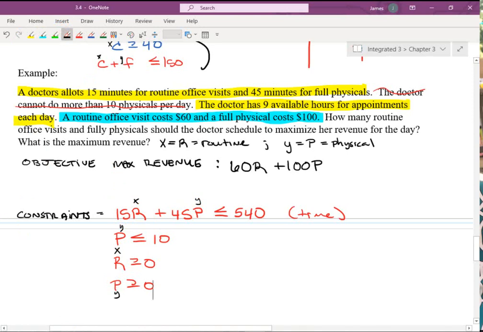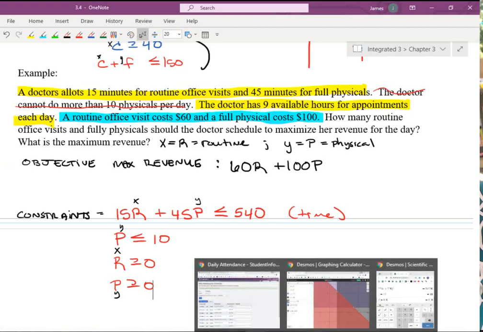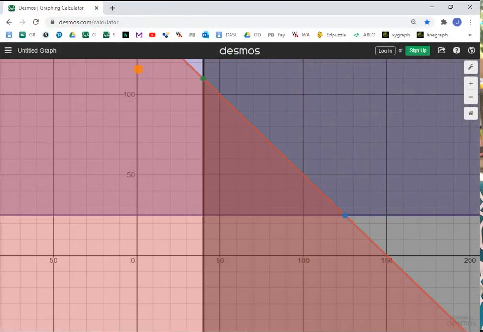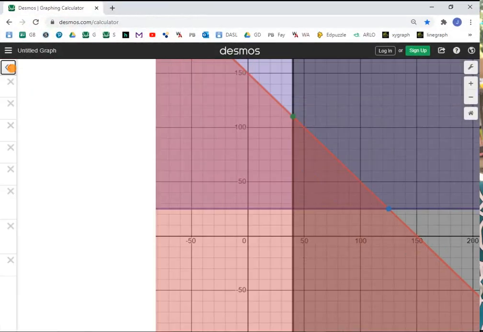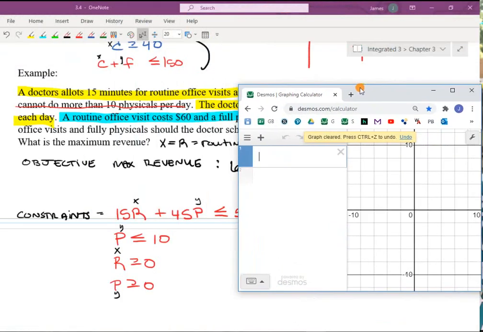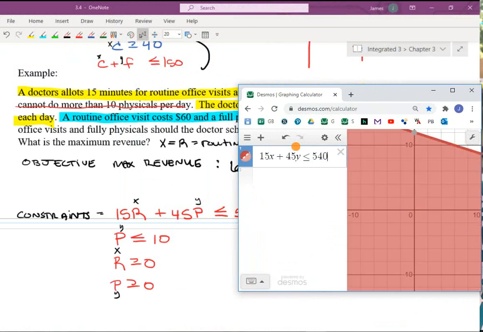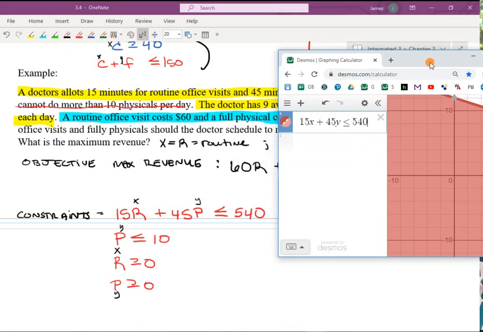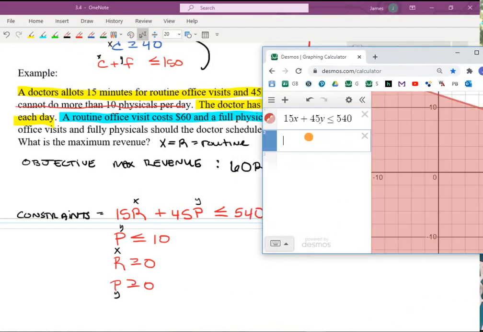So now I'm going to go to Desmos and graph these things. Okay, so 15X plus 45Y is less than or equal to 540. That was the first one. Okay.